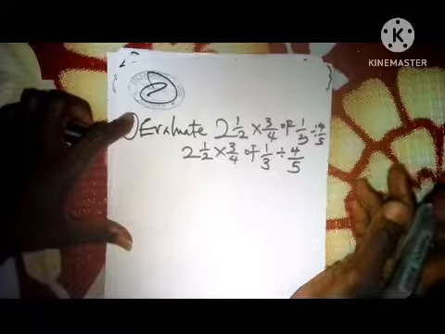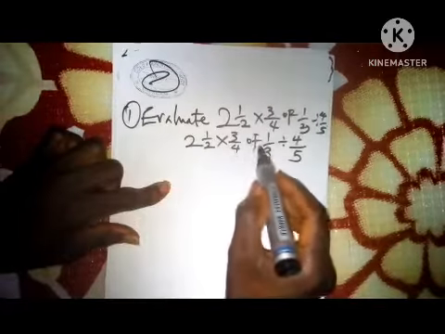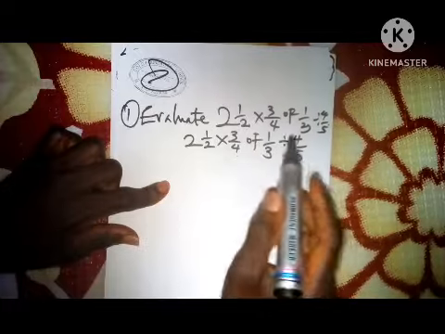Okay, let me write it here. Okay, let me just quickly solve this one, because I'm not giving you the one that has of and division.